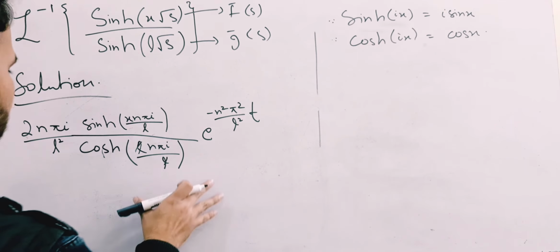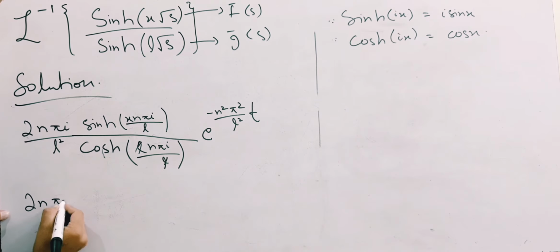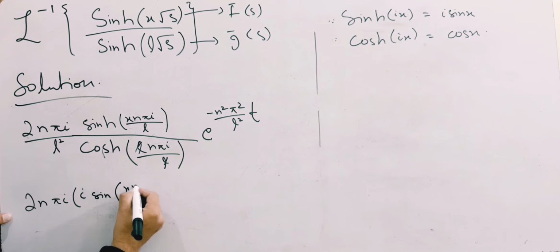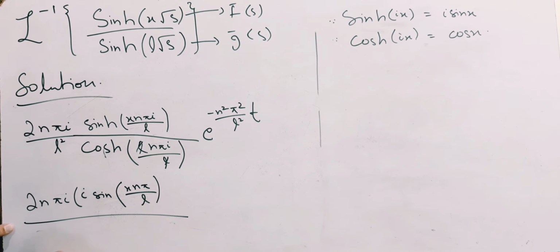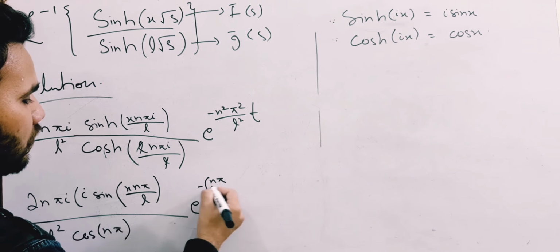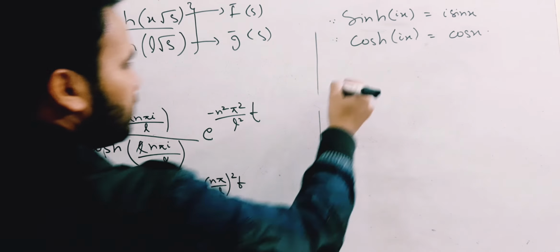We will put this result here, so we'll have 2n pi iota, and this will be iota sine of x n pi over l, divided by l square cosine n pi, e power minus n pi over l whole square times t. This iota and this iota will give minus 1.